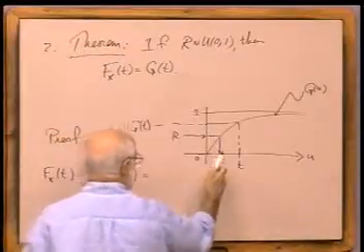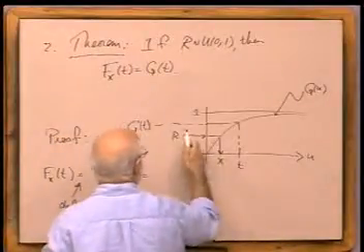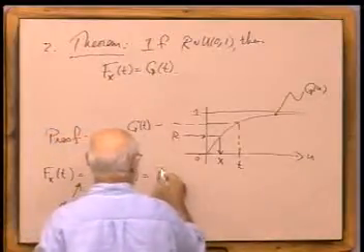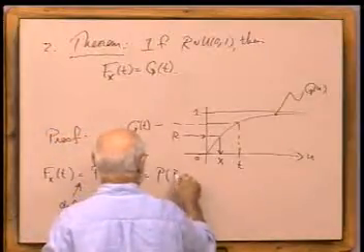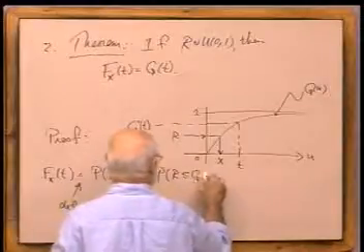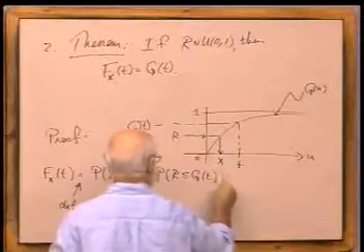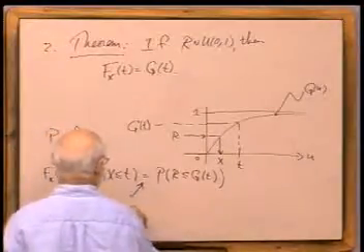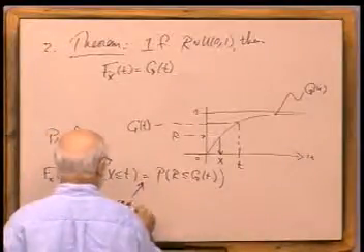So obviously, if x is less than t, then r will be less than g of t. So therefore, the probability that x is less than t is the probability that r is less than or equal to g of t. So this equal sign comes from the picture, or graph, let's say.